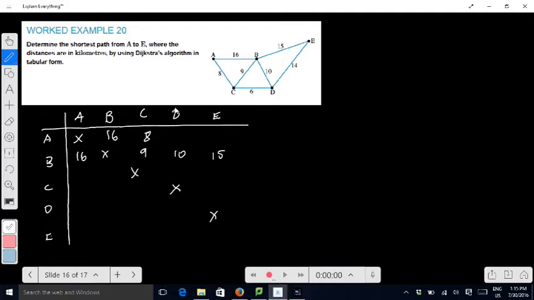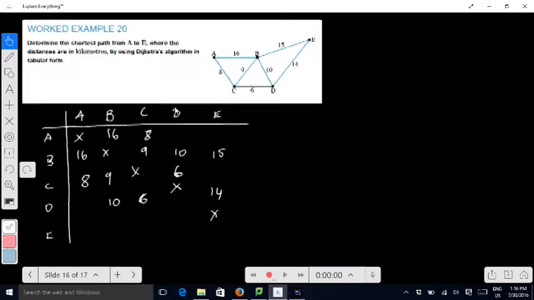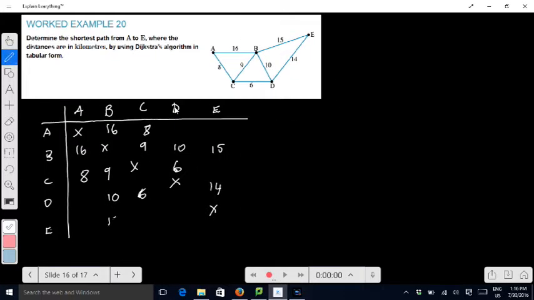So just filling out the table. Okay, and just leave those blank. That doesn't have a connection between them.